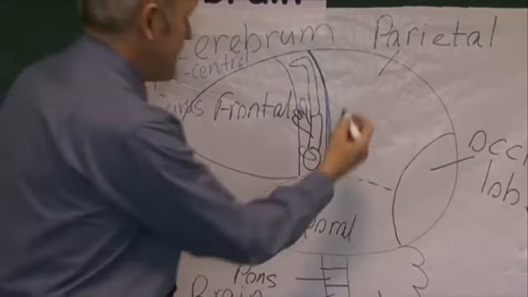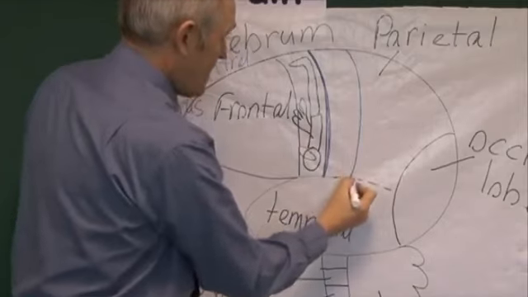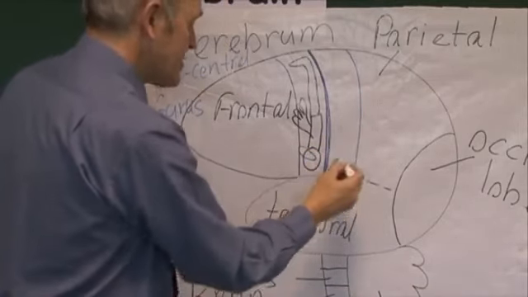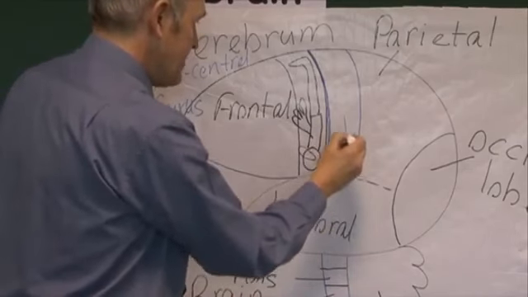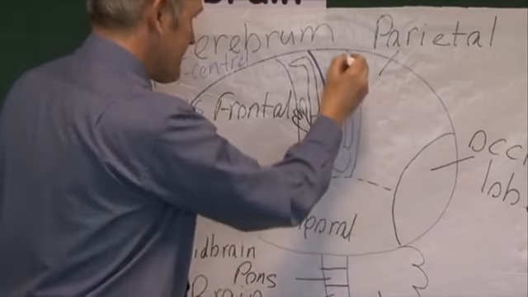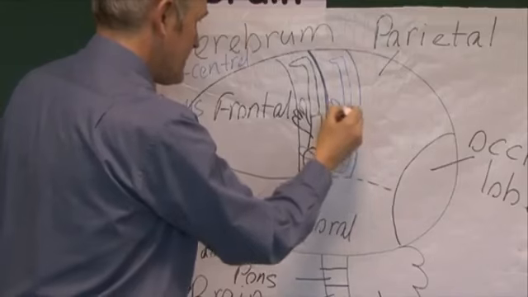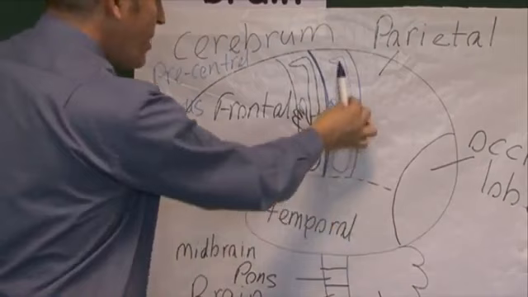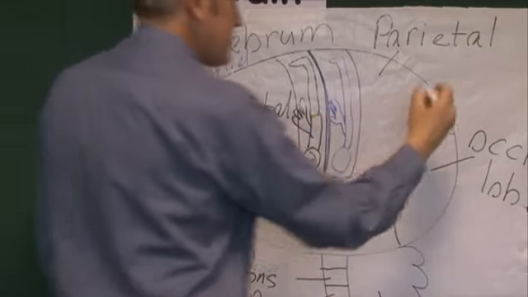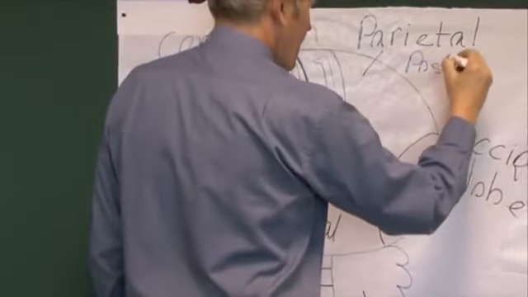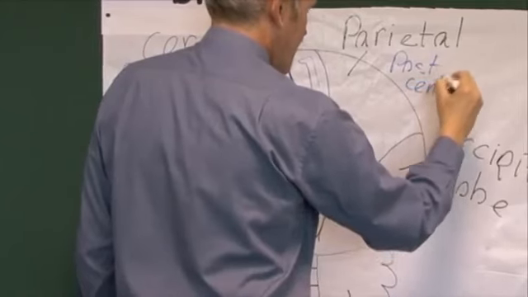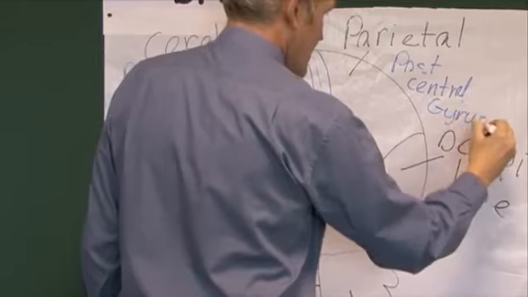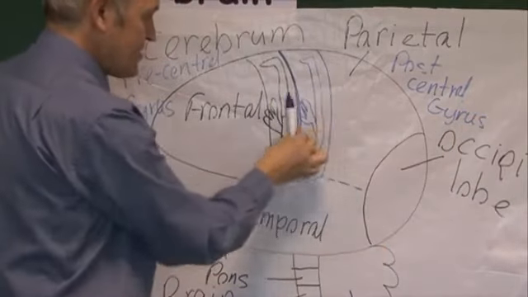But then just behind this, in the first part of the parietal lobe, there's another small man, another homunculus. But this one is in the sensory cortex. This is called the postcentral gyrus. Because it's after the central sulcus.